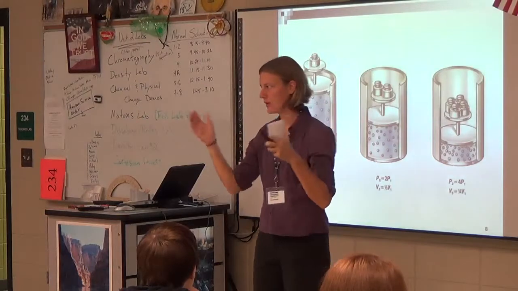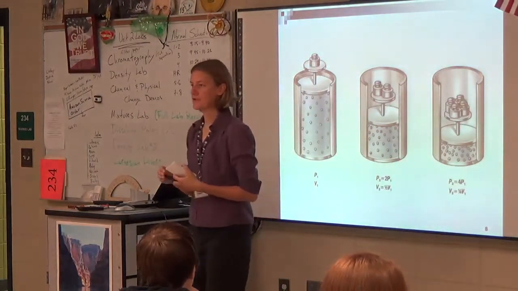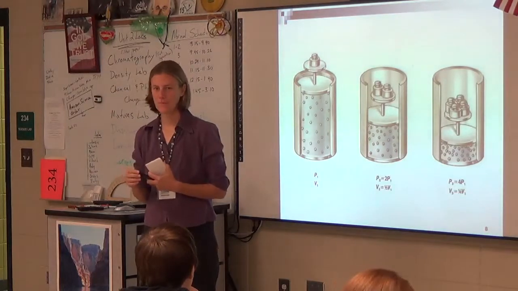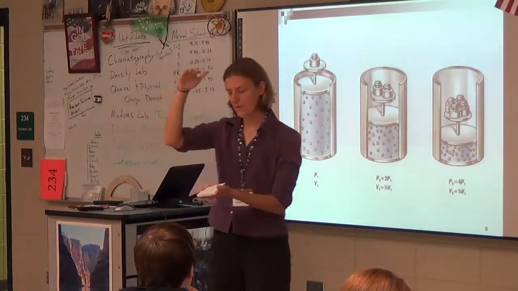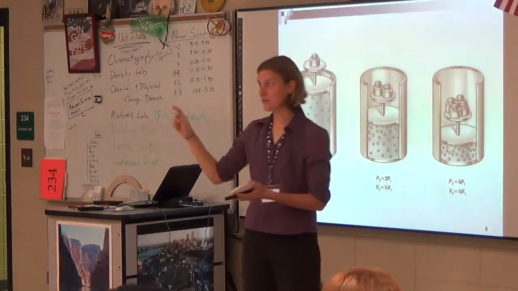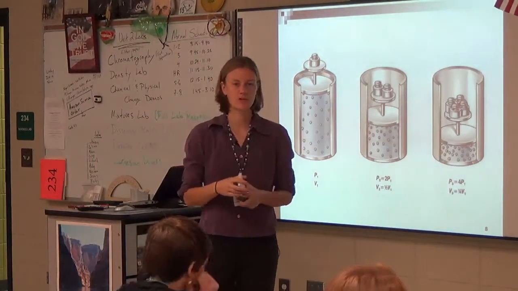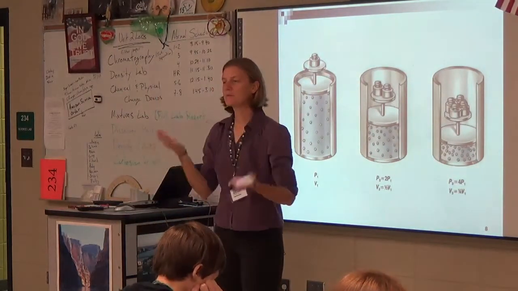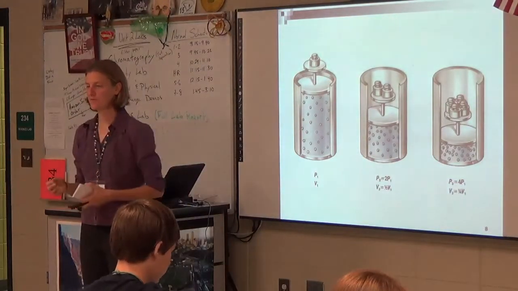Assuming it's sealed off. Okay, the volume's getting smaller. Therefore, what's happening to the pressure in the room? It's getting bigger. It's the same amount of air, but if I'm squishing it down to a small volume, it's definitely going to be hitting the sides, the walls and the ceiling, the floor more frequently, so it's definitely going to have a greater pressure. So just think of them as opposites. Big volume, small pressure. Small volume, big pressure.